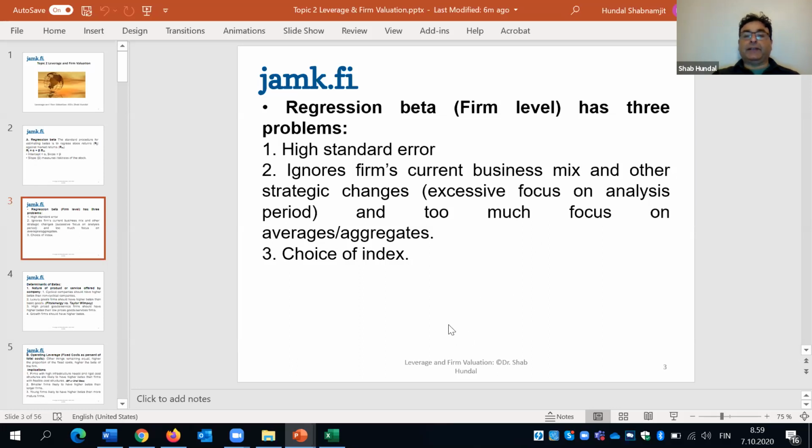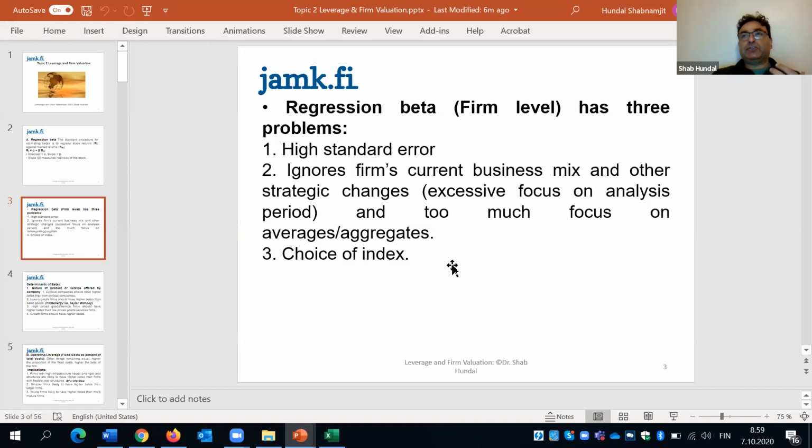One more thing is that when you calculate the beta, you might be using 6 years, 10 years, 20 years of data. We always know that history is important, but the immediate past is more important.